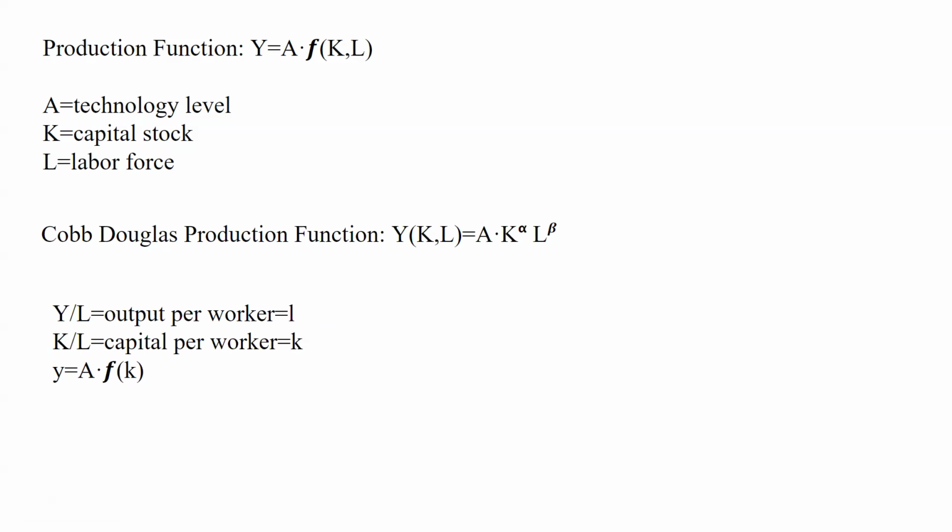If you assume constant returns to scale and you divide K and L by L in this production function up here, then because there's constant returns to scale, we can divide Y by L, and we will get this function down here where output per worker is equal to the technology level times a function of capital per worker.